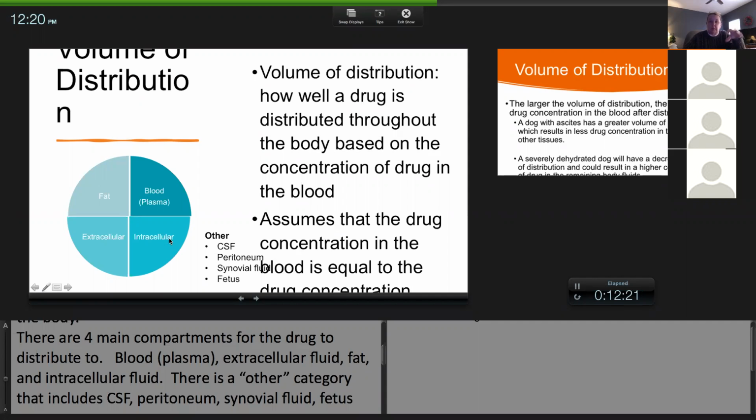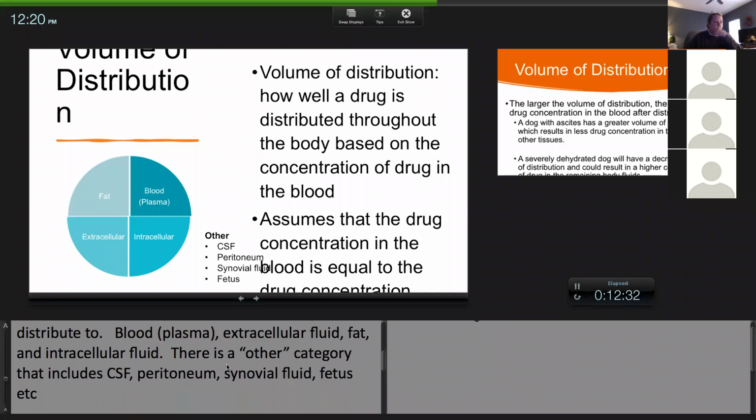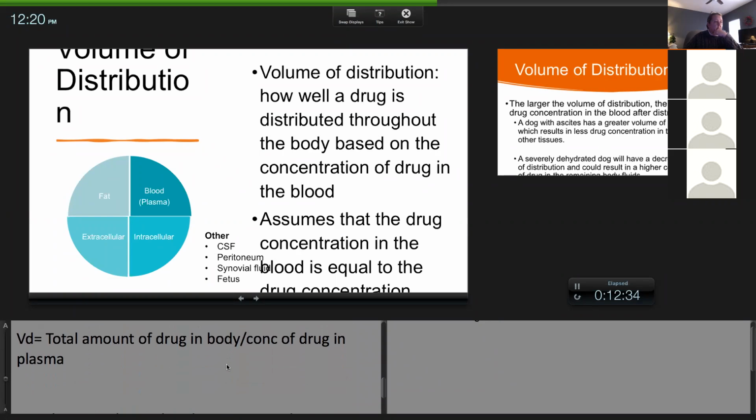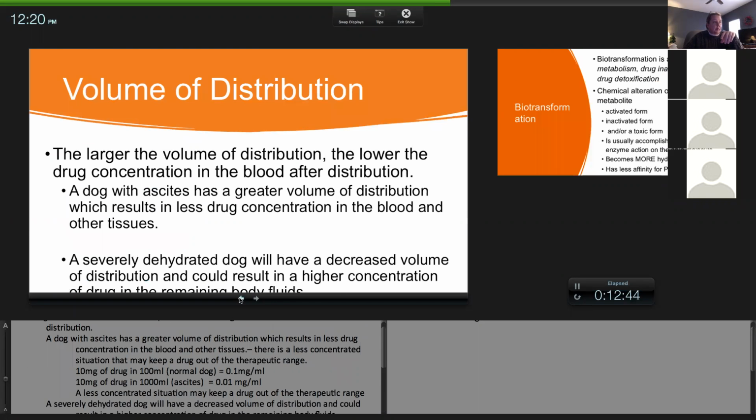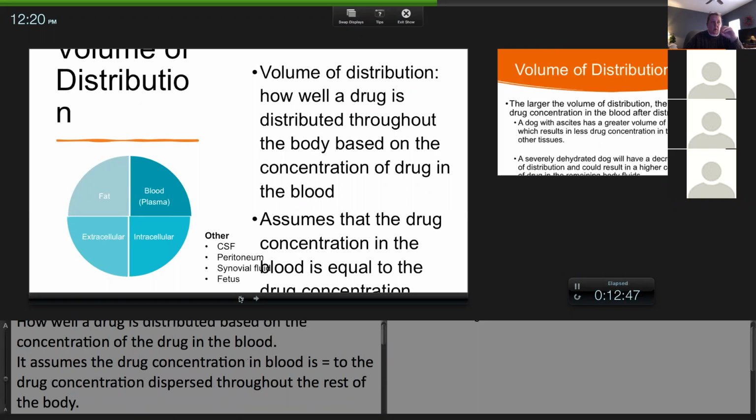We first give it in the blood, but as you give it, that drug is going to redistribute to different compartments. It depends on the type of drug that we're giving. If you're talking about a lipophilic drug that has more affinity, some is going to be in the blood, but remember, things always want to go from high to low.